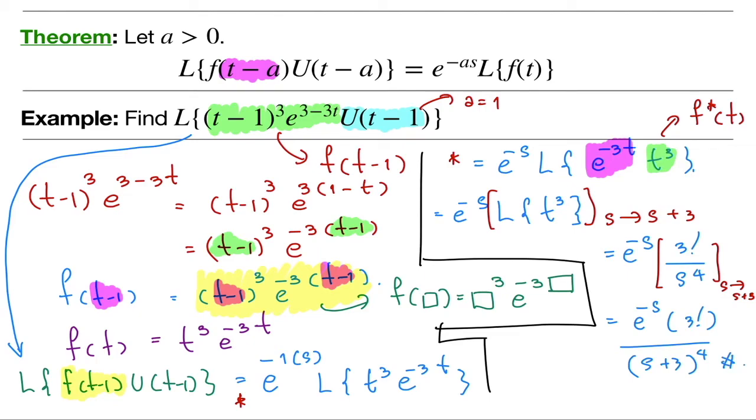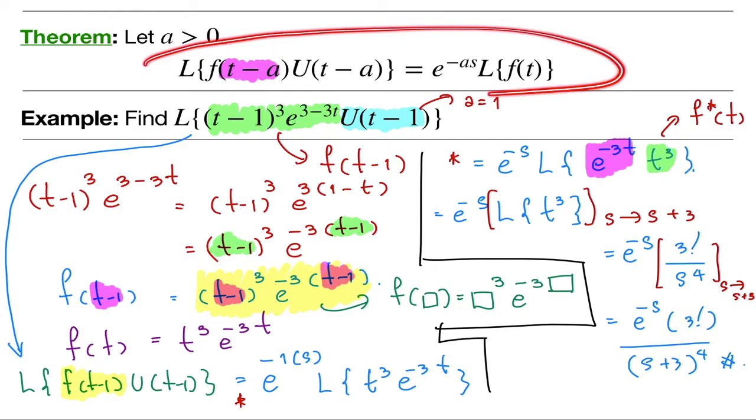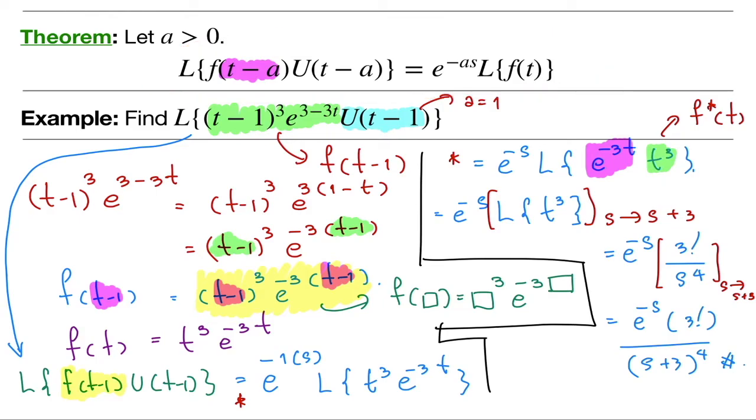Very simple. Okay guys, if you want to apply this technique, first you need to write down this function in terms of f(t-1), because as you can see, it's f(t-a) u(t-a), and you have t-1 here, which means that this function needs to be a function of t-1.